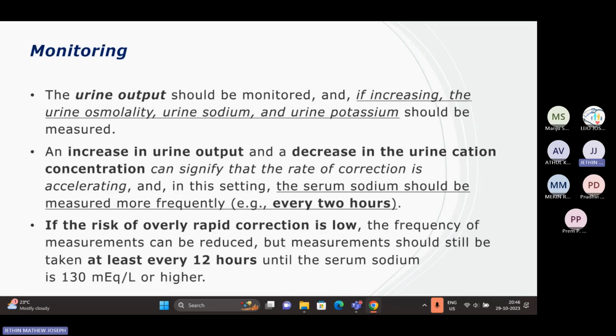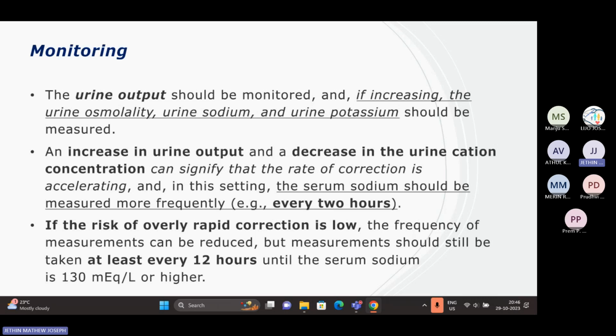And regarding monitoring, besides the serum sodium concentration, urine output is also very important. If the urine output is increasing, urine osmolality, urine sodium, and urine potassium, if these tests are available, can also be measured. An increase in urine output and a decrease in urine cation concentration can signify that the rate of correction is accelerating.